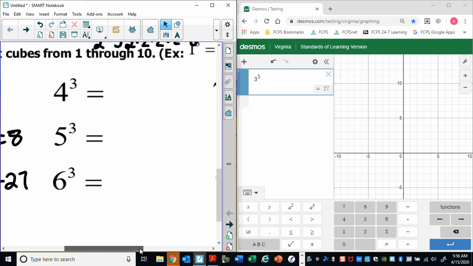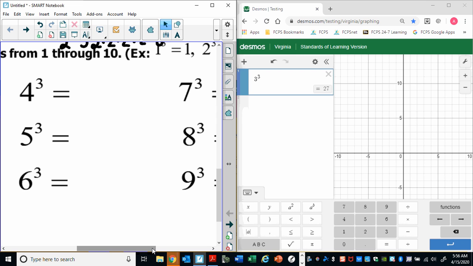And 4 times 4 to the third power, 4 times itself 3 times, is going to equal 64. 5 times itself 3 times will equal 125.